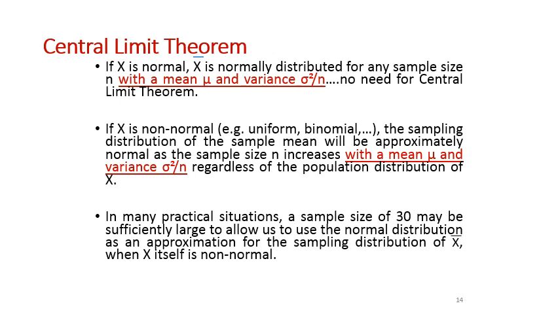And as we showed in the previous example, the expected value of X bar is equal to the expected value of the population we are sampling from, and the variance of X bar is equal to the variance of the population we are sampling from divided by the sample size we are using.